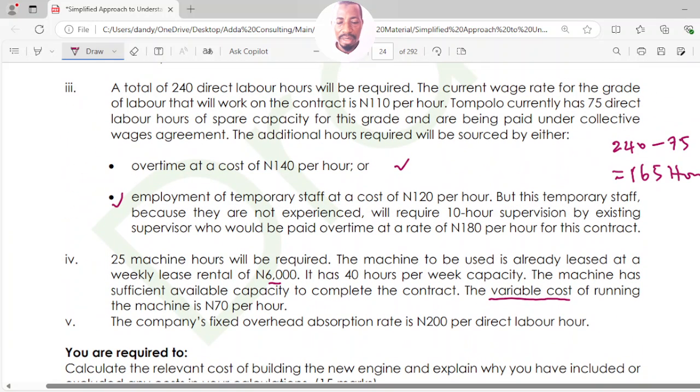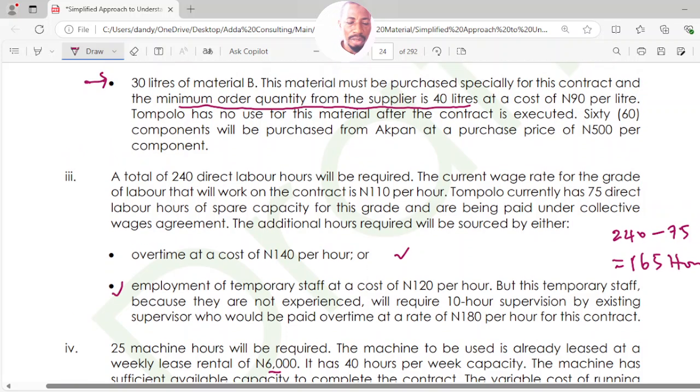after this is additional information number 3. We are told that a total of 240 direct labor hours will be required. The current wage rate of the grade of labor that will work on the contract is 110 naira per hour. That 110 naira per hour is irrelevant because whether you execute this project or not, the company must pay it.